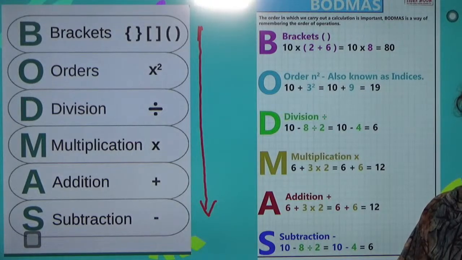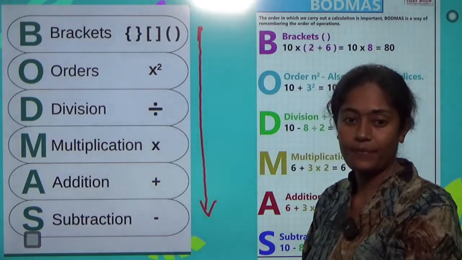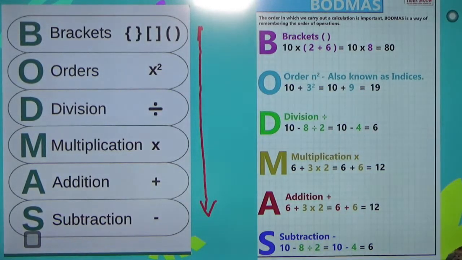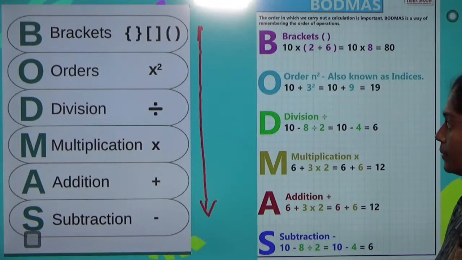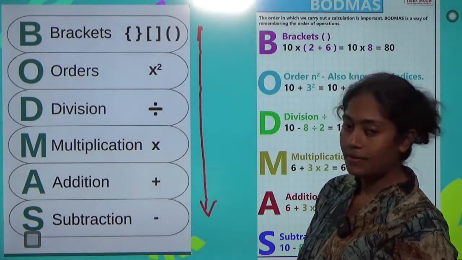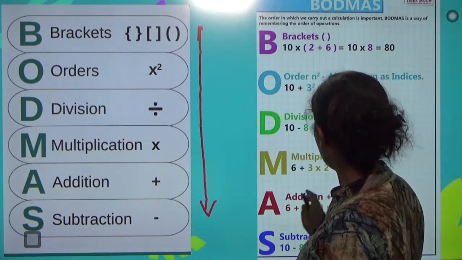Then you can remember. So put an arrow this way. Always you have to simplify in this order, up to down. Right? Yes, teacher. Okay.